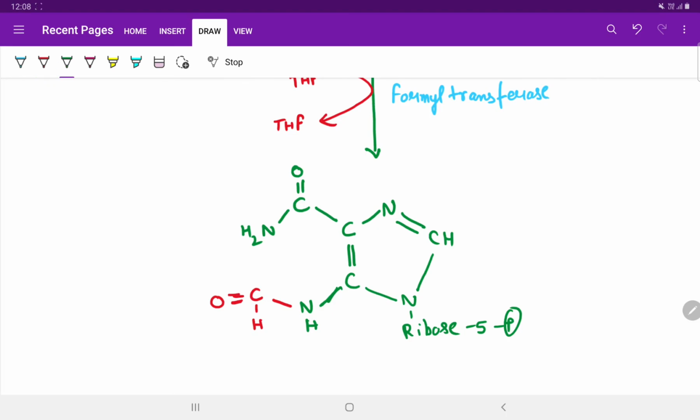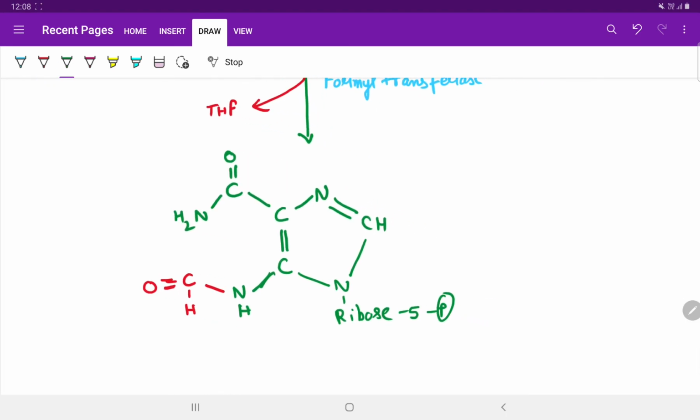So the name of this compound is 5-formiminoimidazole 4-carboxamide ribosyl 5-phosphate.